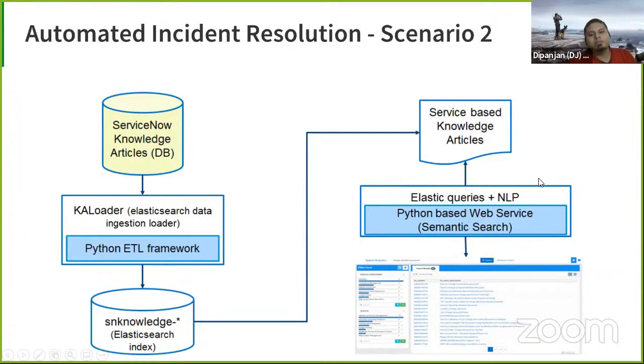And what I do is I build a search engine on top of this data using Elasticsearch, where if someone types in a query of a problem they are facing, just like, let's say, in Google search, I type in a query in natural language, and what will happen is it will query this data. It will look at the most similar incident descriptions from the last 2 years, let's say, and it will say that these are the most similar problems to your query, and these were the knowledge articles which were used to close the ticket.